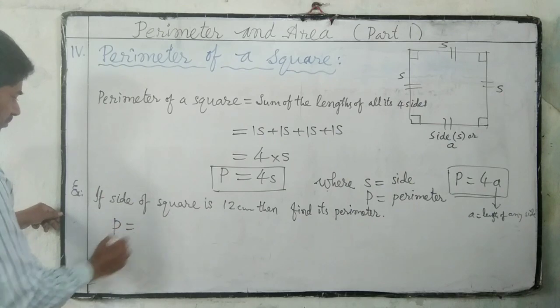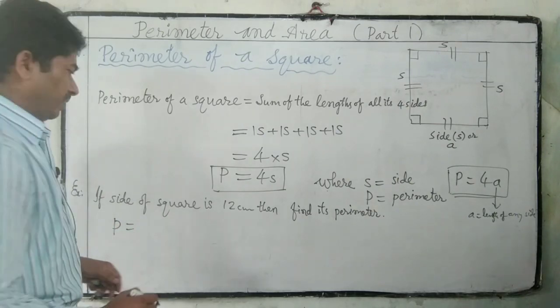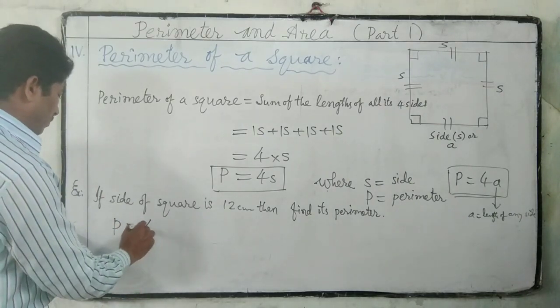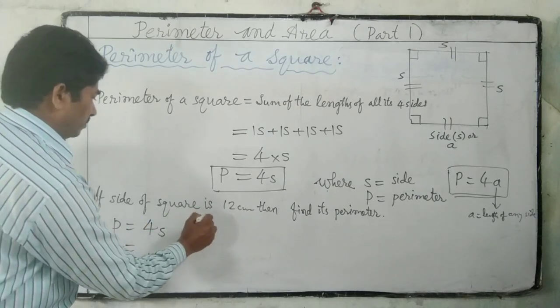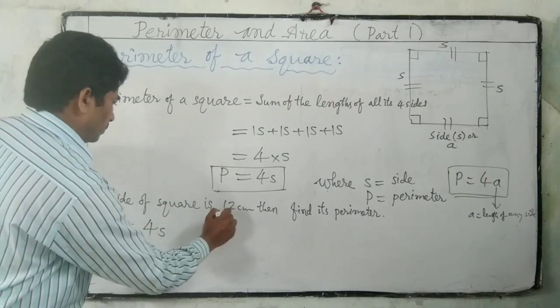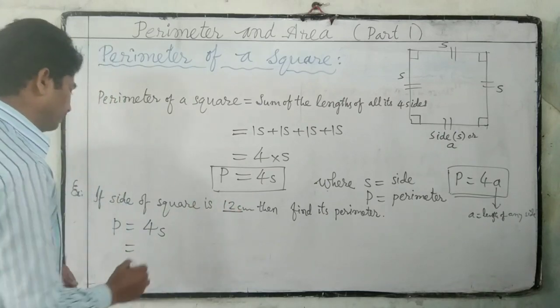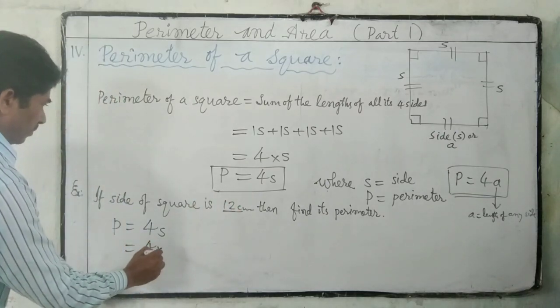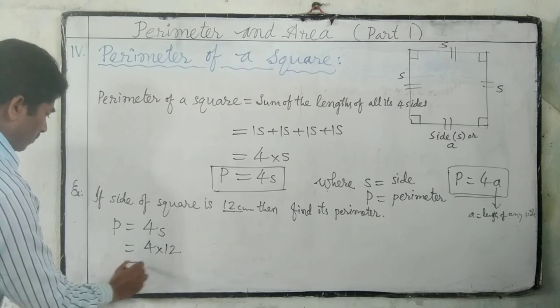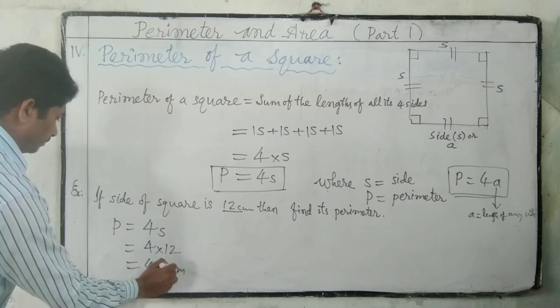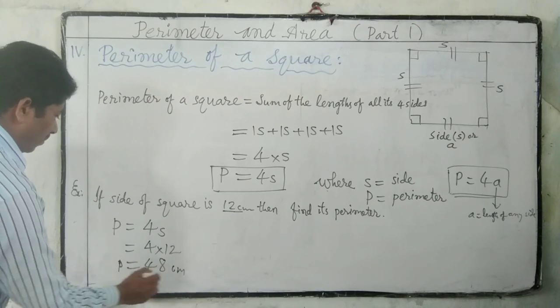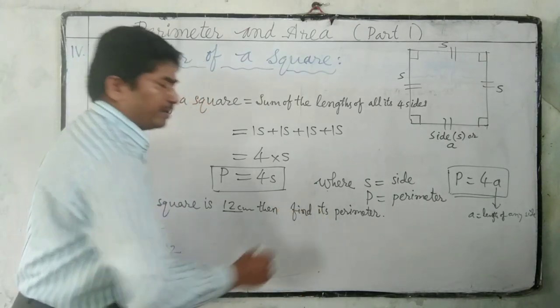Perimeter of a square is equal to 4S. So here we have S is equal to 12 centimeters. 4 into 12, 48 centimeters. Perimeter P is equal to 48 centimeters.